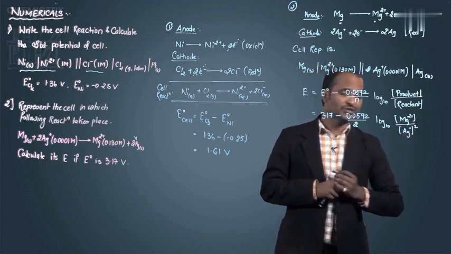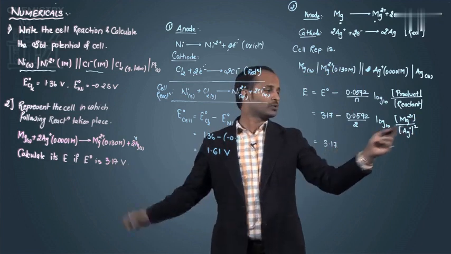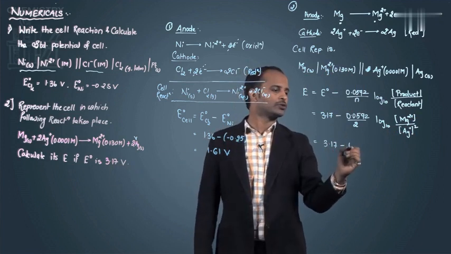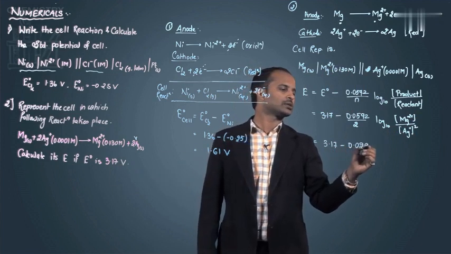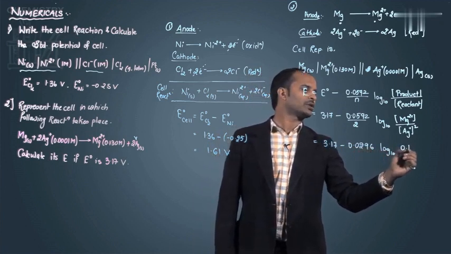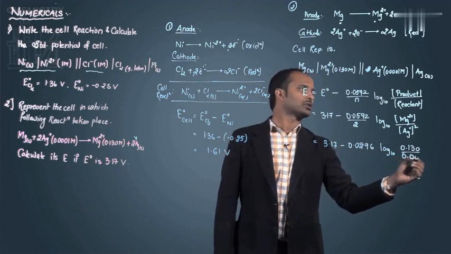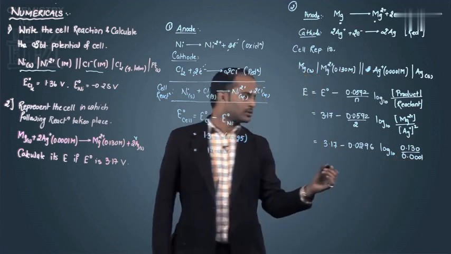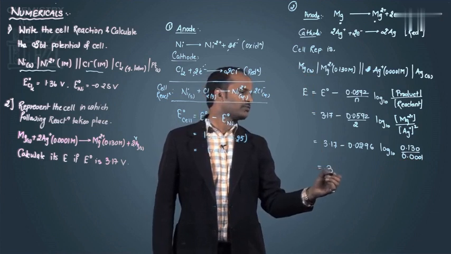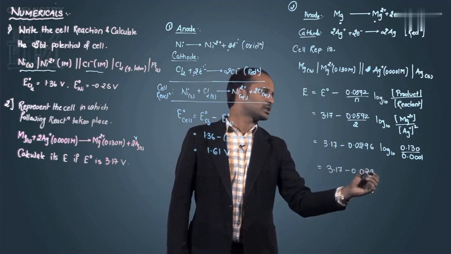And if there is a coefficient, then it is raised to the power. So 2 is a coefficient, so 2 is written as a power. So here I can say 0.0296 log to the base 10, Mg2 plus concentration is 0.130 upon 0.0001. So here I can write 3.17 minus 0.0296.